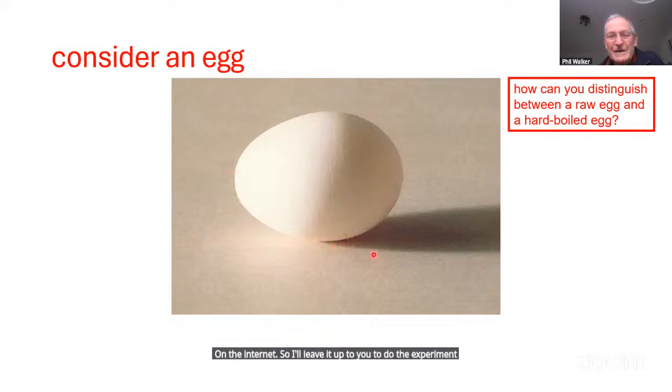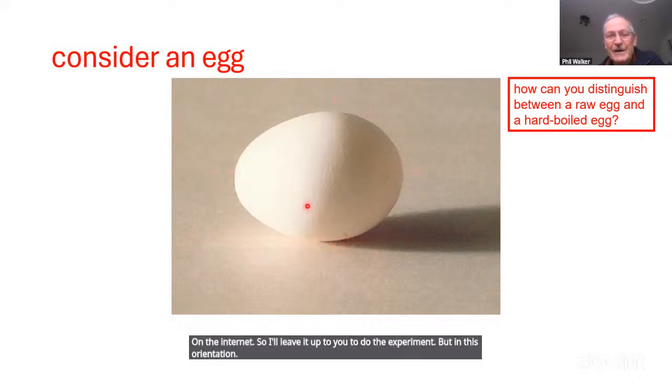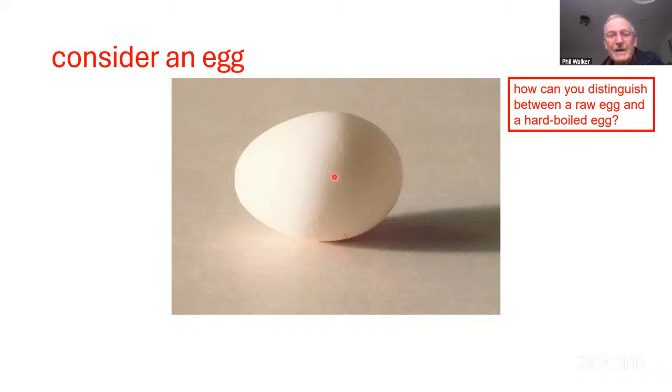But in this orientation, if you set it spinning on a table and briefly stop it and then let go, if it's a raw egg, it will resume its spinning. And that tells you there's a fluid inside it that doesn't stop instantaneously.